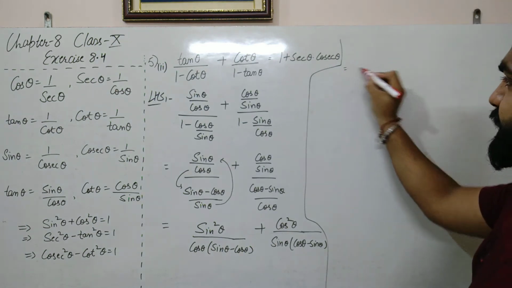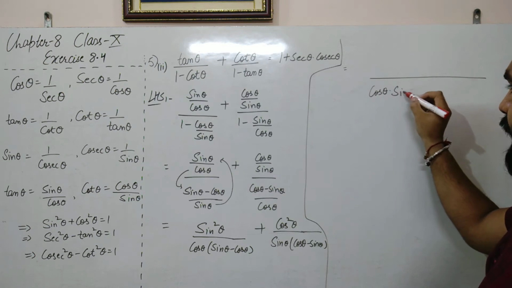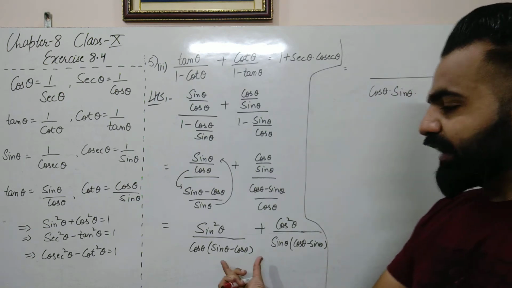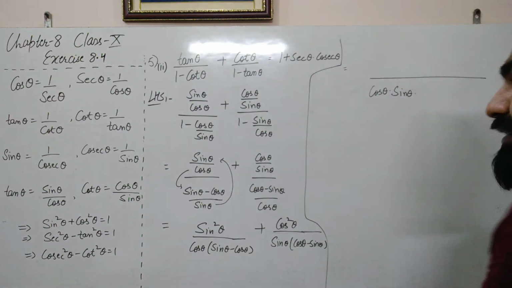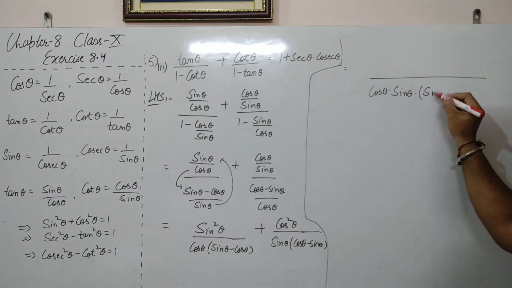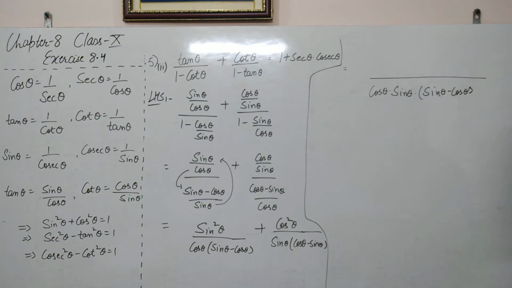On taking LCM, this will be cos theta sin theta. These two factors are the same, sin minus cos and cos minus sin, with a difference of minus sign. So we can take any factor here, sin theta minus cos theta. Accordingly, the sign will be changed in the numerator.